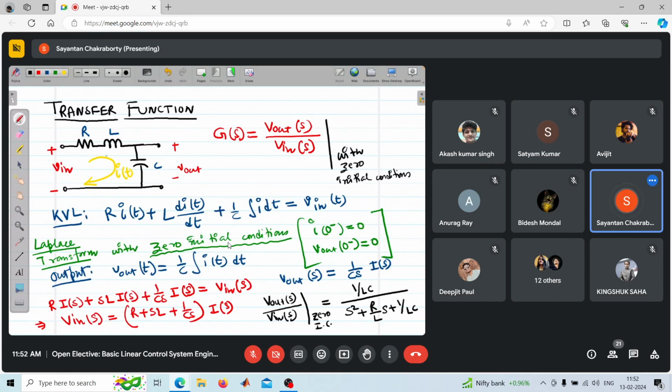So this is the transfer function of this RLC circuit.